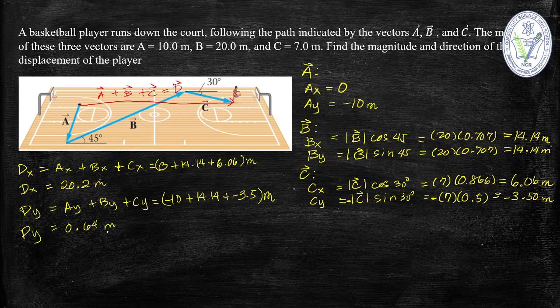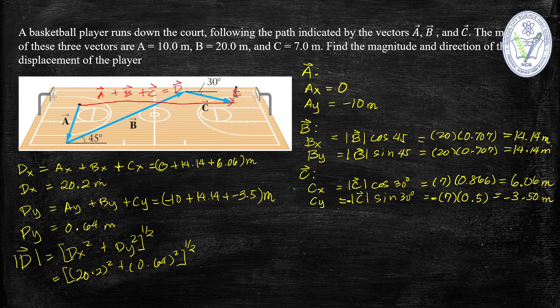So to obtain the magnitude of D, we will have Dx squared plus Dy squared, and we will extract the square root of the sum of the squares. So we would have 20.2 squared plus 0.64 squared under the square root sign.